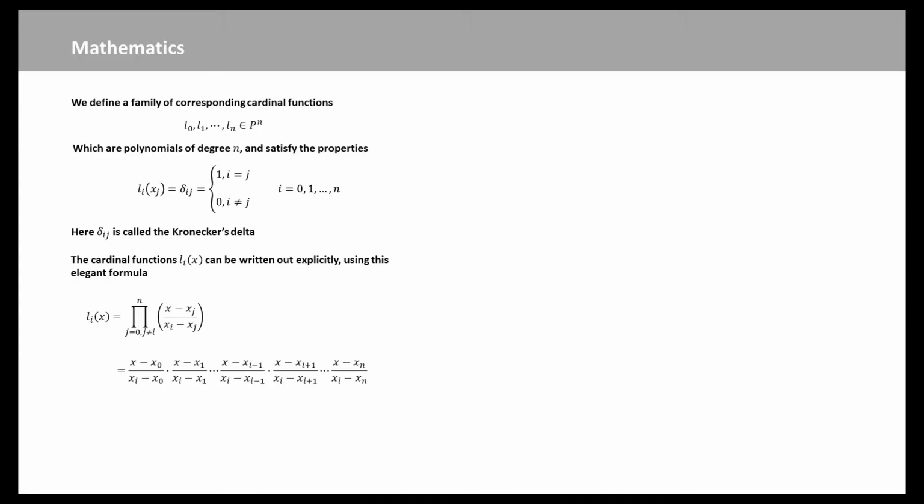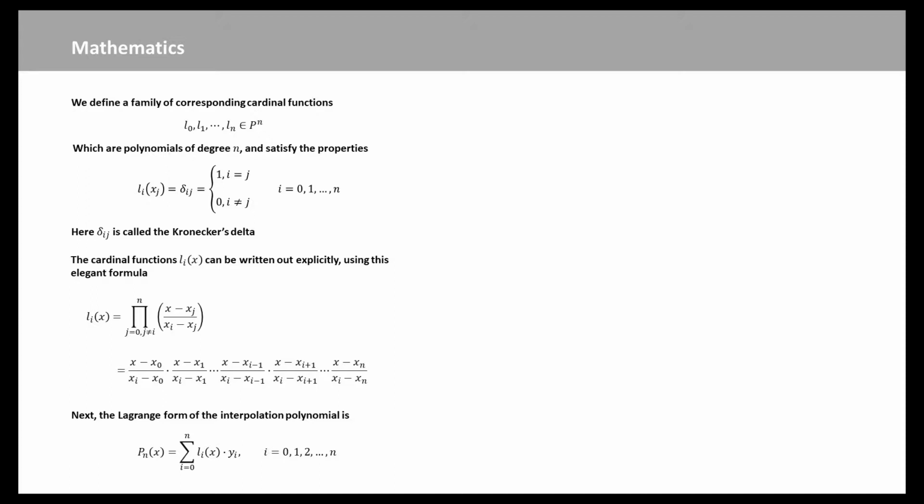Let's write out all the terms in this product form, assuming now i is some index in the middle, not the first or the last. So this product form can be written like this. Once we have the cardinal functions, then writing out the interpolation polynomial is rather straightforward. It simply takes this form.